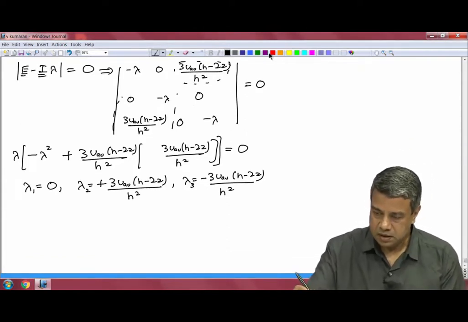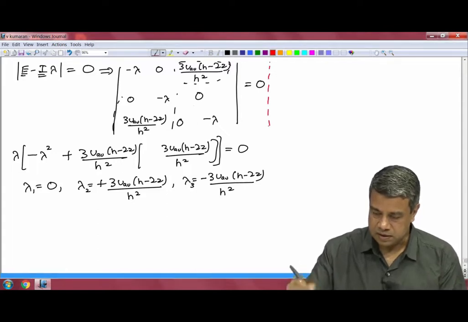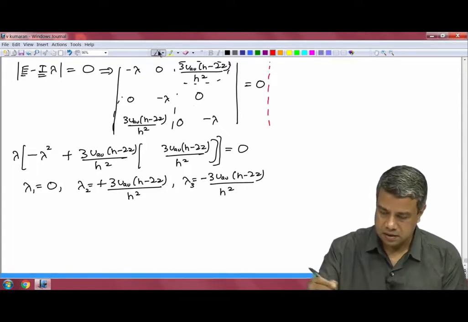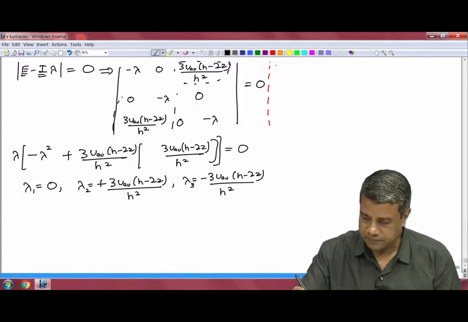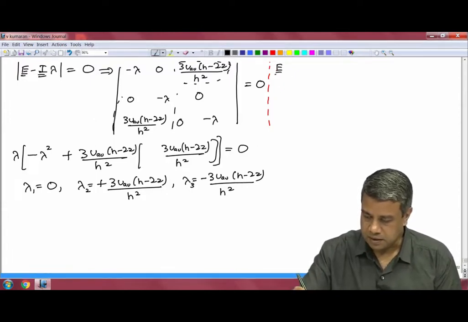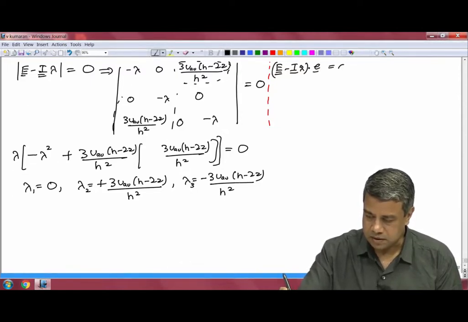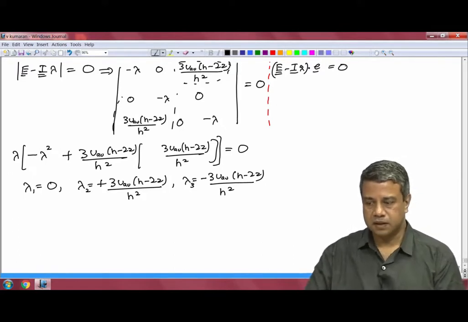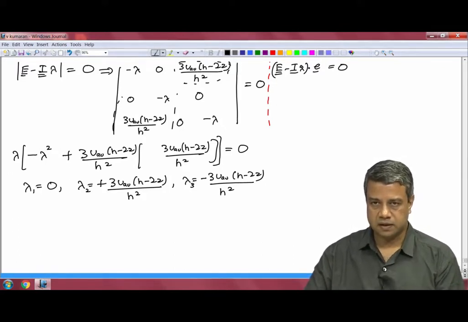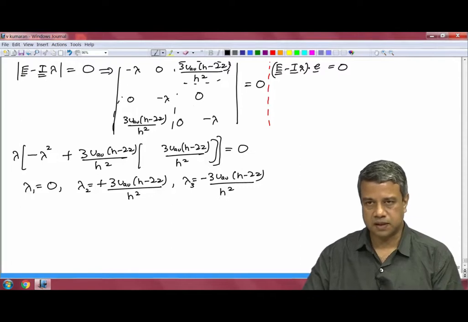And we can now find out what these directions are by the relation E minus I lambda dotted with the unit vector. This has to be equal to 0, where E is the eigenvector corresponding to that particular eigenvalue.